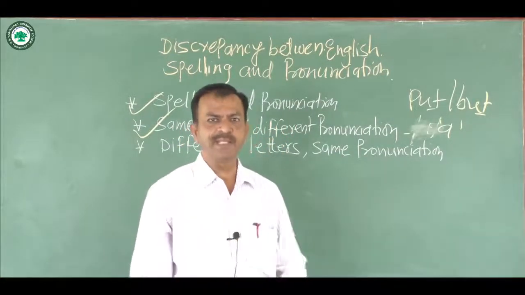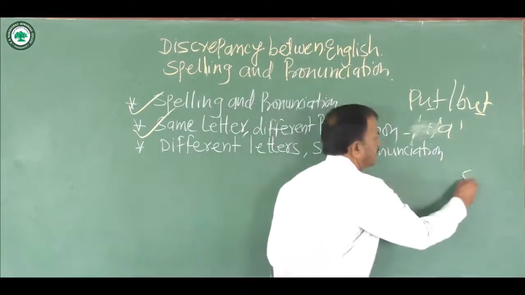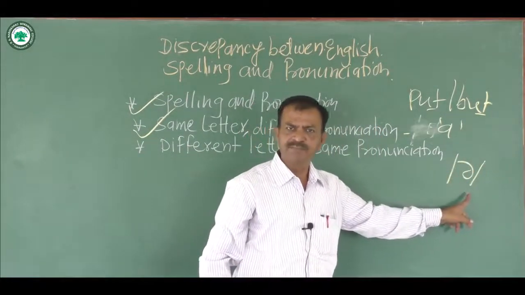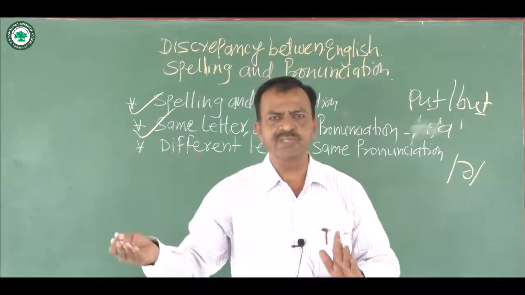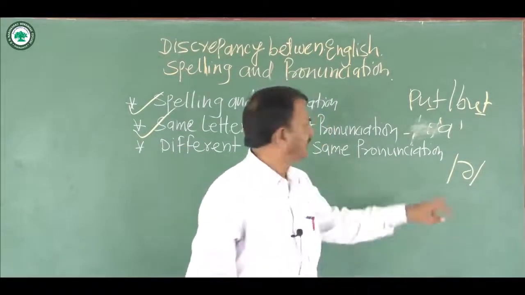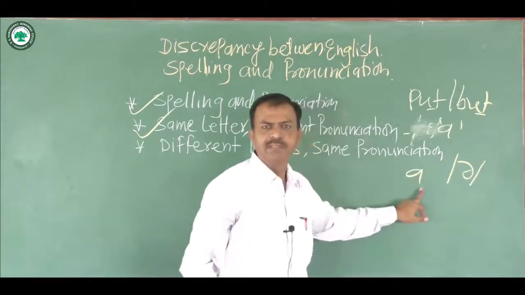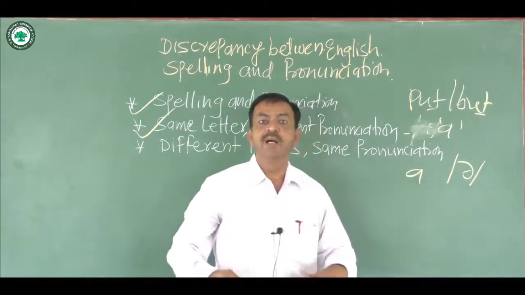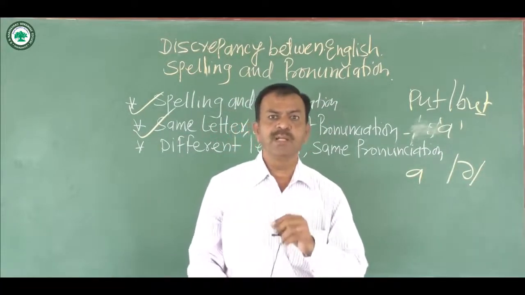And the first one is, A is pronounced as this symbol. Okay, we are going to study about this symbol in the next lecture. So don't be bothered about. Just this is the introduction. This is letter, and this is sound. Letter is A, sound is this. For example, woman.